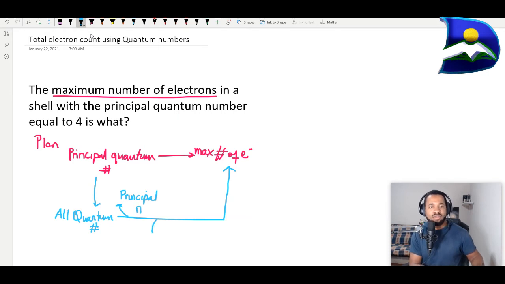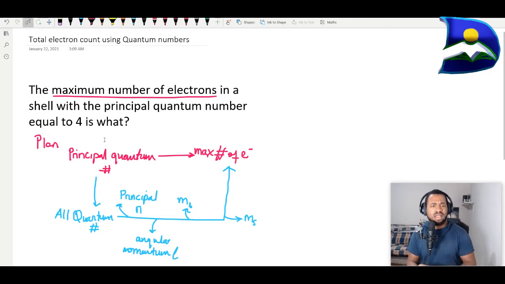Another way is the angular momentum quantum number, represented as L. Our next one is the magnetic quantum number, represented as ML. And finally, you can use the spin quantum number, represented as MS.